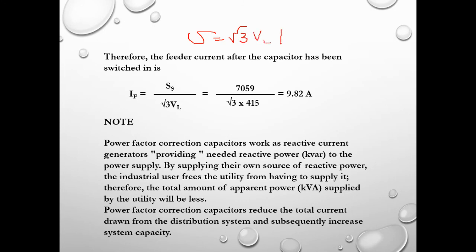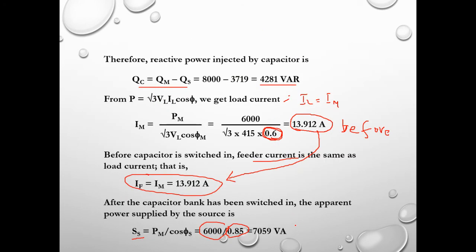VL IF. So just rearrange in terms of IF, with the value of VL, which is 415. This is the new value of S. We obtain from here, after we inject, the new power factor 0.85.